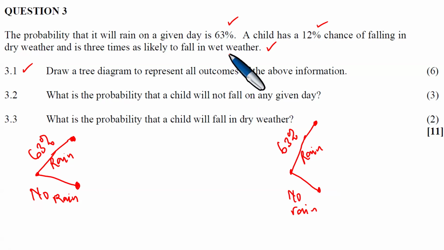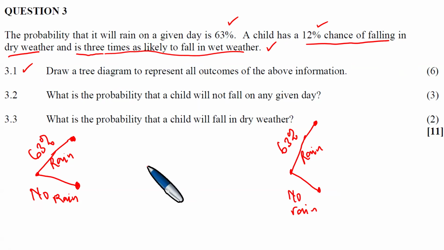Now, a child has a 12% chance of falling in dry weather. Let us look at this. 12% chance of falling in dry weather, and is 3 times as likely to fall in wet weather. Right, let's look at this tree diagram now.